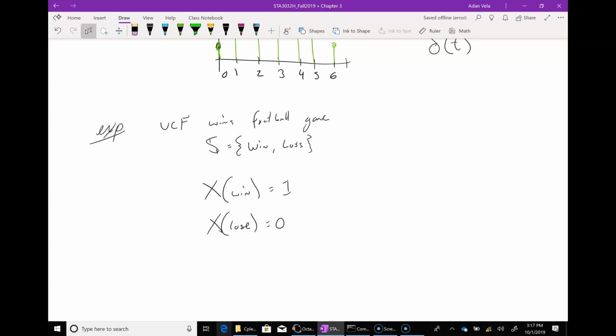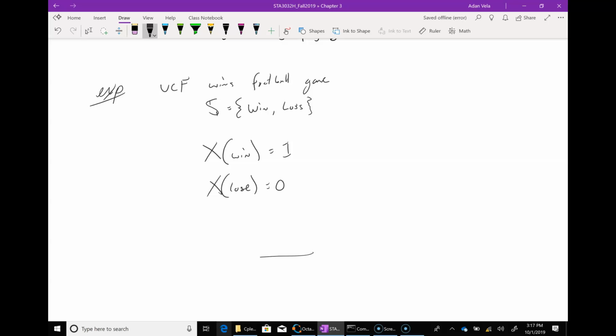We can assign a probability to each of these, so let's say the probability of winning is 95% and the probability of losing is 0.05. You'll see it as the probability of 1 equals 0.95, and the probability of 0 equals 0.05. This is the idea of the probability that we win.